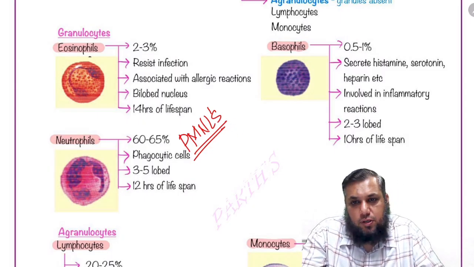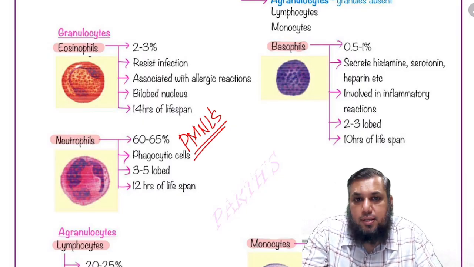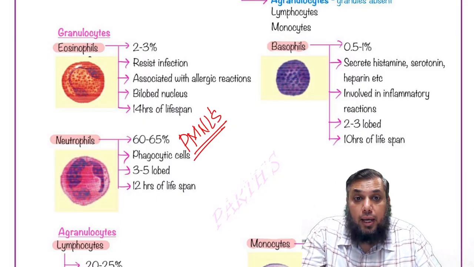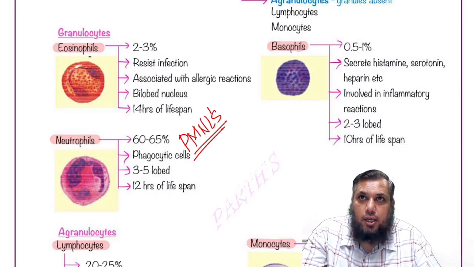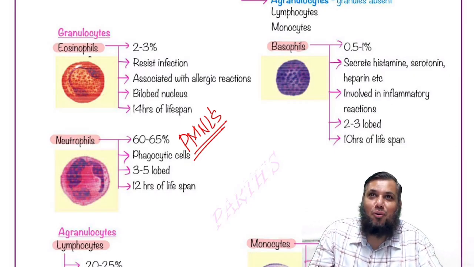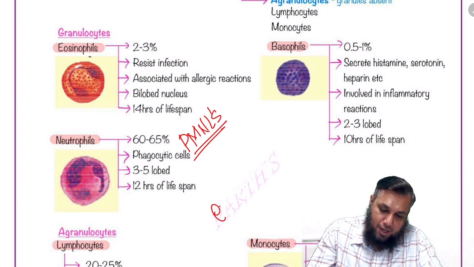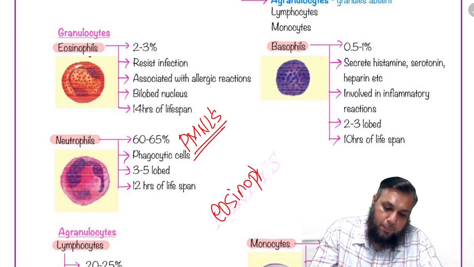What I mean by resist infection is they produce chemicals that work against histamine, so they prevent allergic reactions. That is why if your patient has an allergy, at that time the count of eosinophils will increase, and that is called eosinophilia.